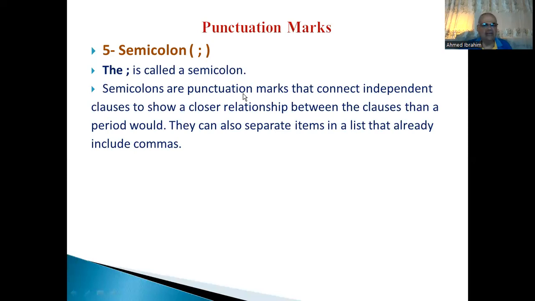Semicolons are punctuation marks that connect independent clauses to show a closer relationship between the clauses than a period would. They can also separate items in a list that already include commas.